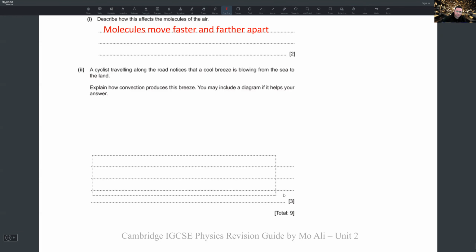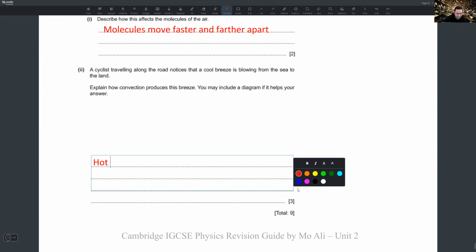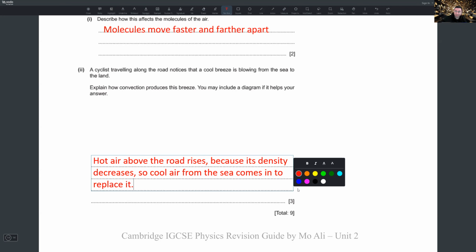The hot air above the road rises because its density decreases. So cool air from the sea replaces it, or comes in to replace it. So cold air enters its place.